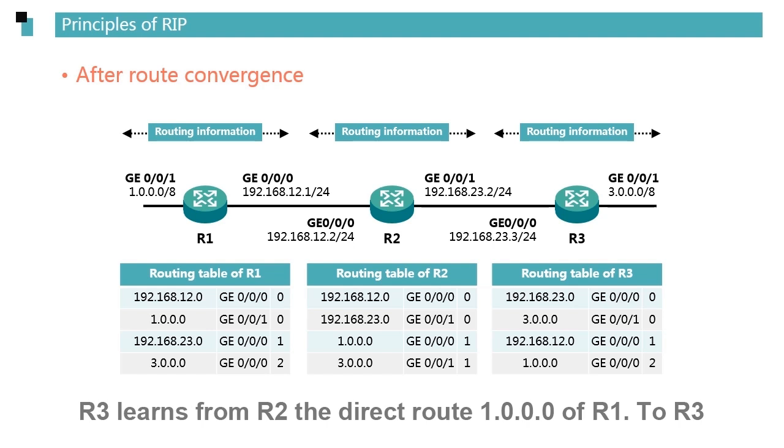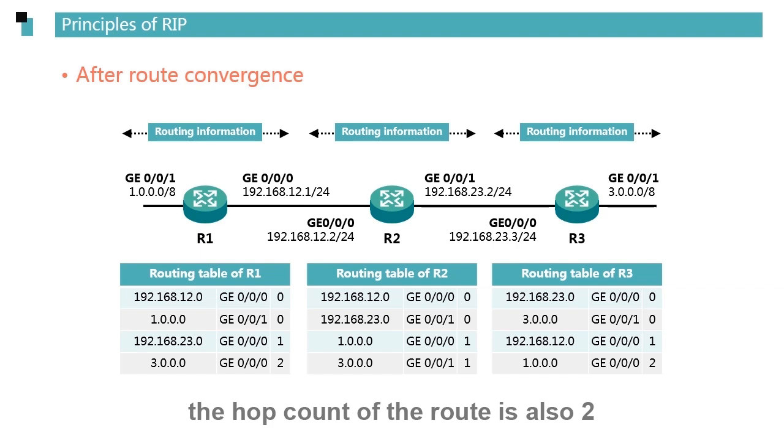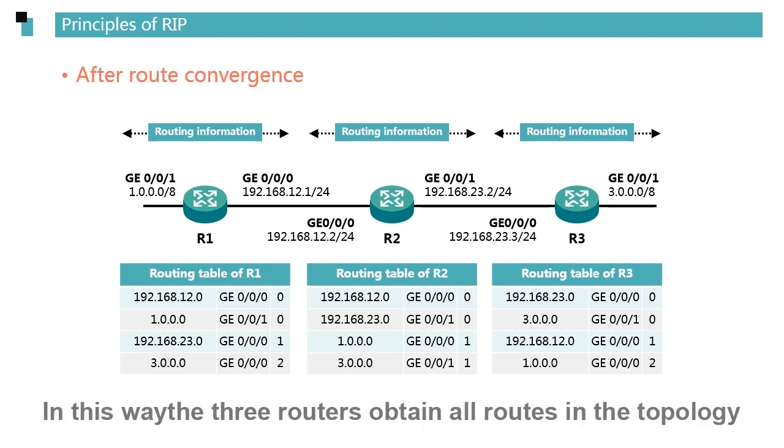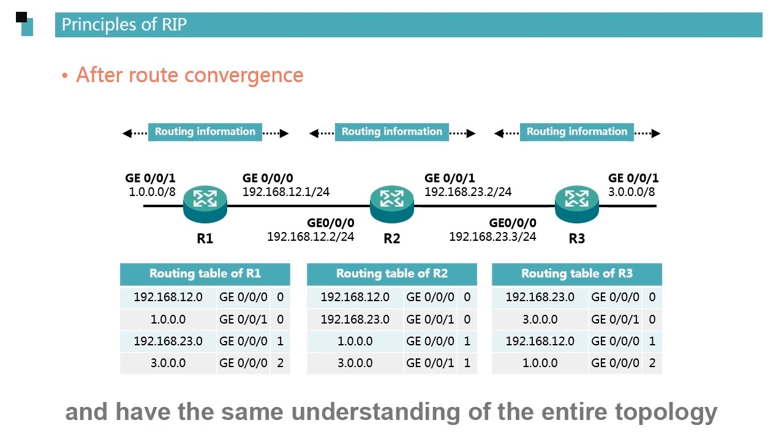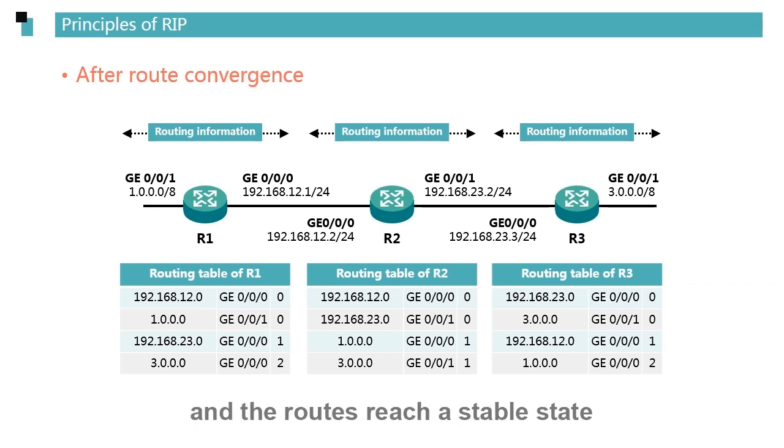Similarly, R3 learns from R2 the direct route 1.0.0.0 of R1. To R3, the hop count of the route is also 2. In this way, the three routers obtain all routes in the topology and have the same understanding of the entire topology, and the routes reach a stable state.